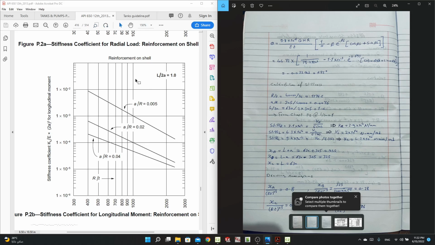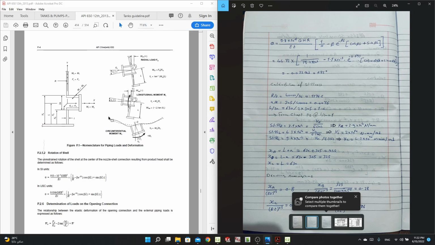I didn't explain this. Here we have on the nozzle 3 main loads, and actually in any equipment we have these 3 main loads. The radial load, which is normally the axial force on the nozzle, and the longitudinal moment, which will be the moment acting on the body of the equipment, and the circumferential moment, which will be the moment coming circular around the body of the equipment.